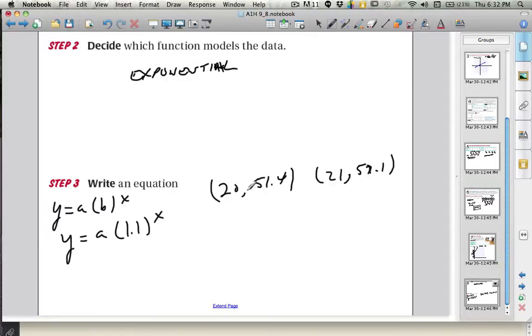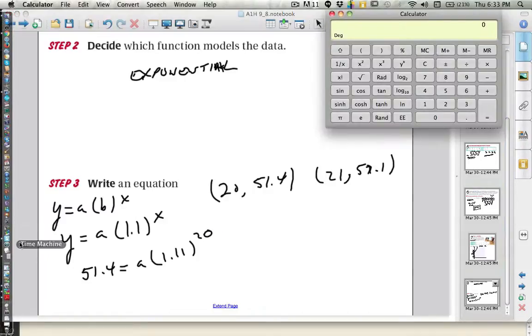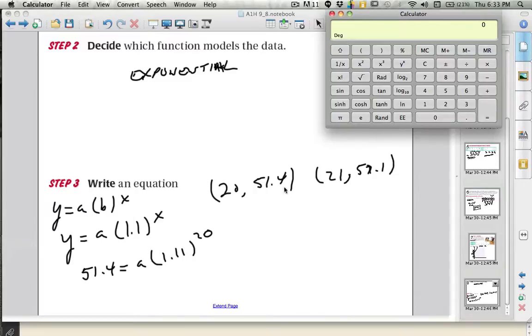And if I go ahead and plug in these values, I know that y was 51.4 when x was 20. Okay, and it doesn't look like I'm actually going to need a second point here. If I go ahead and take 1.11 to the 20th power, it comes to 8.06.